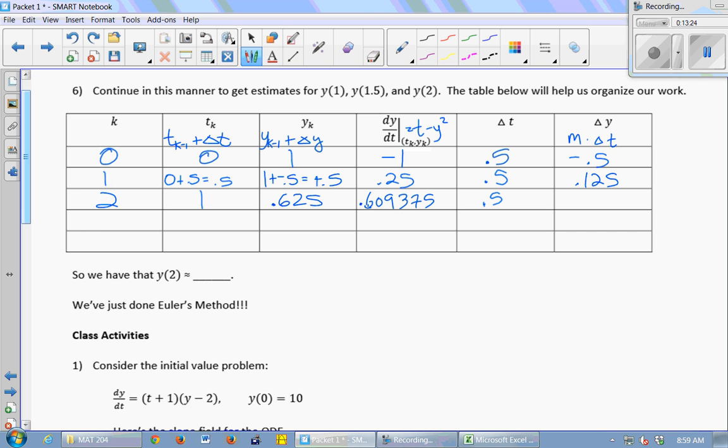Delta y, slope times delta t. So 0.609375 times a half comes out to 0.3046875. You might notice I'm keeping all the decimal places because Euler's method is already an approximate method. You're already introducing error just by using it. I don't want to introduce more error by rounding all my numbers.